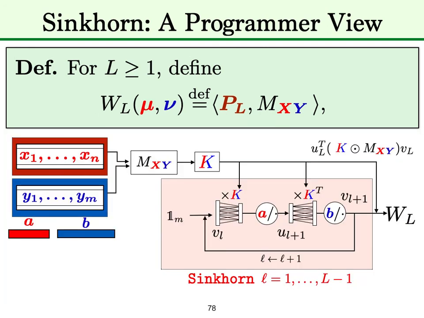So this is a bit like saying that the Sinkhorn algorithm looks like a stacked neural network where, in all of the layers, the multiplication by a matrix is done with respect to K, which depends on your inputs, and it's the same across all layers. And the nonlinearity is this element-wise division of the output and multiplication by a or b.